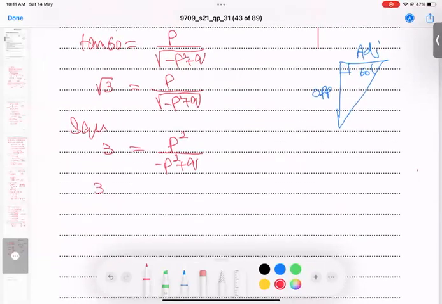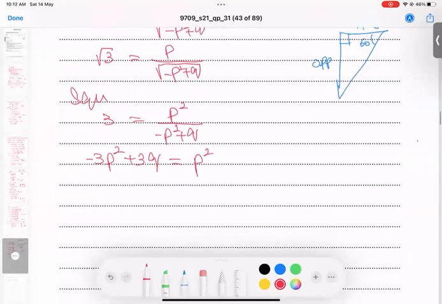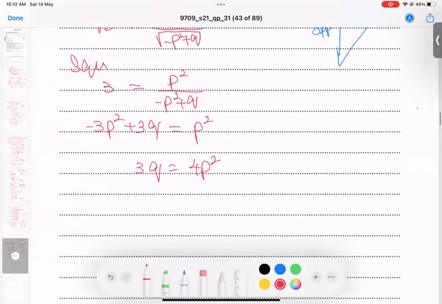So 3 negative 3P square plus 3Q equals P square. 3P square goes on the right hand side. I get 4P square. Okay, you can stop even here because he is asking the link between them.